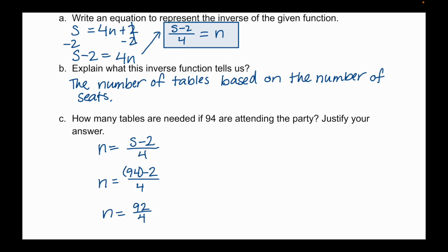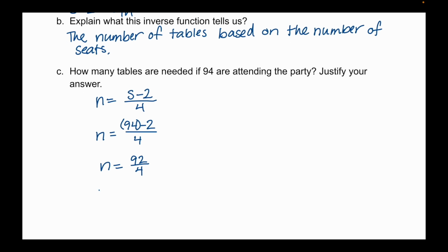And if we do 92 divided by 4, we actually get a whole number. We get 23. So how many tables are needed if 94 are attending the party? 23 tables are needed.